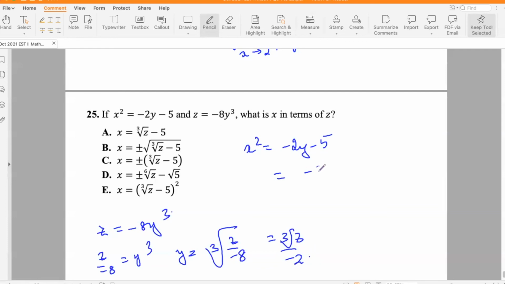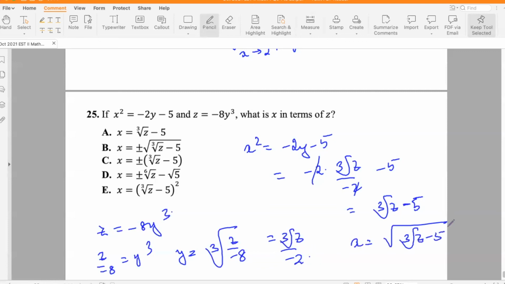Okay, so minus 2 times the third root of z by minus 2, minus 5. So these cancel. So the third root of z minus 5 is x squared. So x would be the square root of the third root of z minus 5, plus or minus. So B.